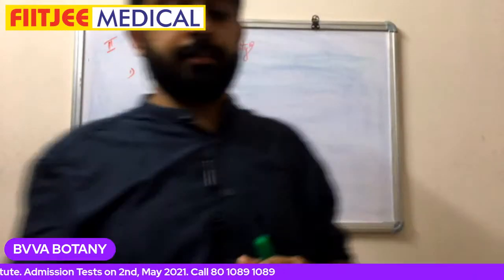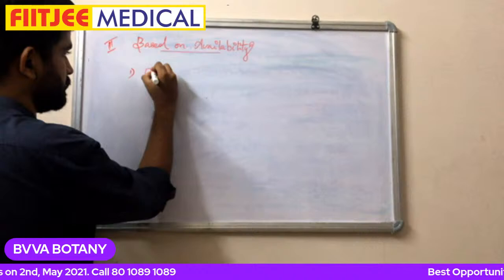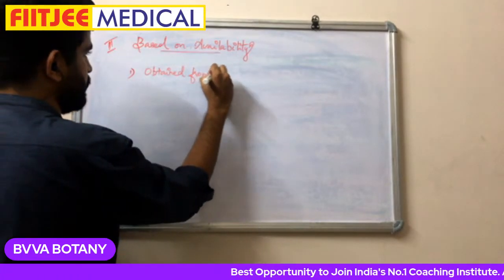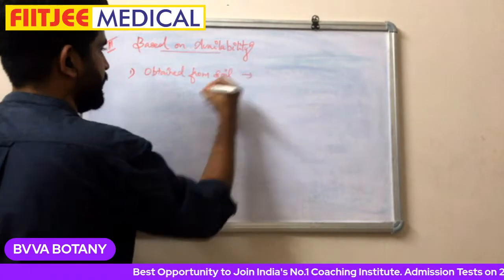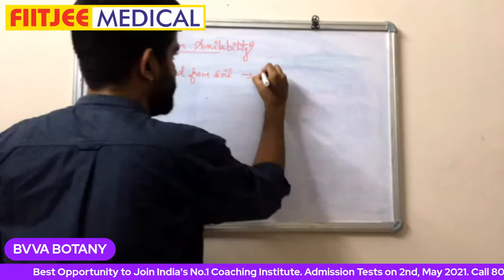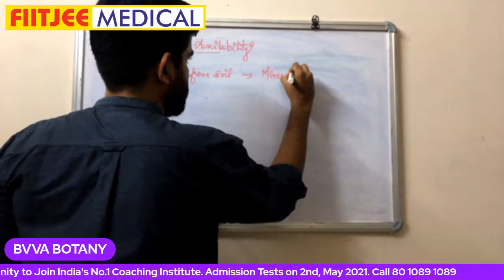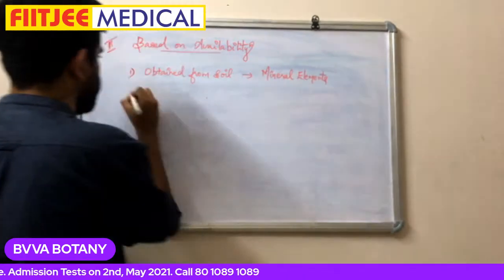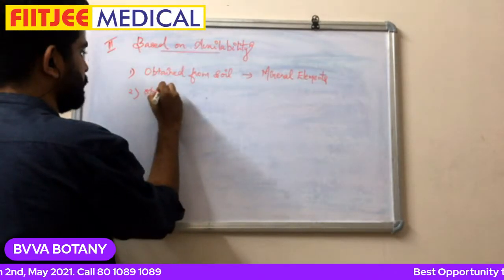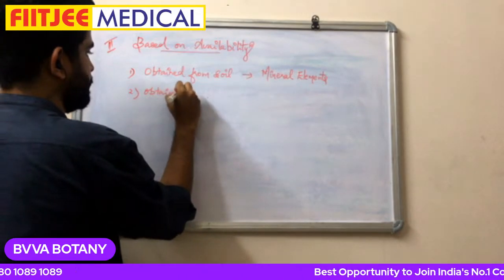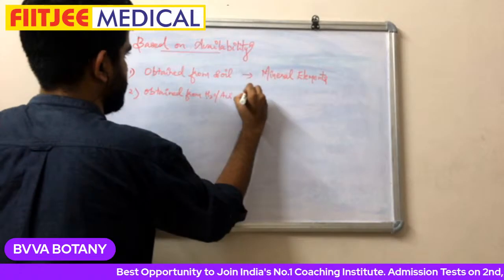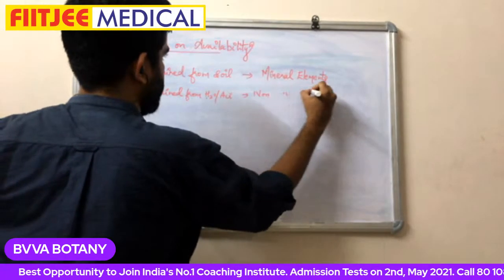One is obtained from the soil, and we call them minerals. The second is obtained from water or air, which we call non-mineral elements.